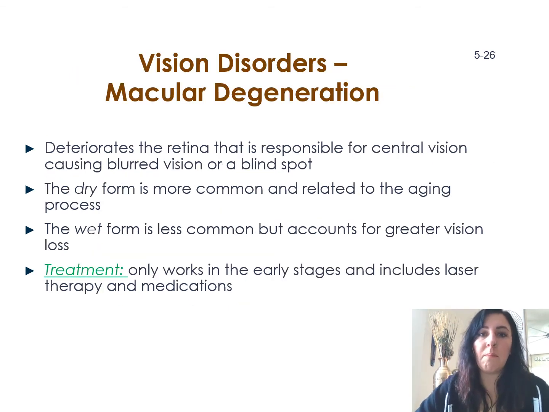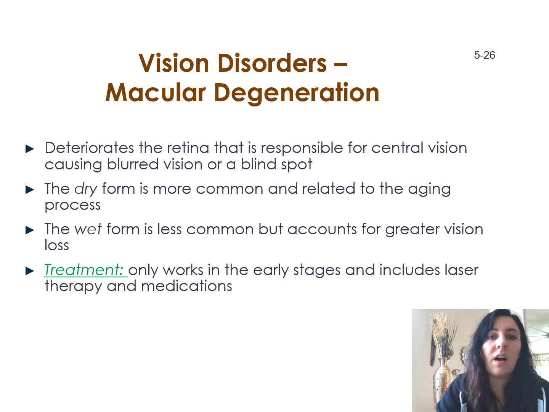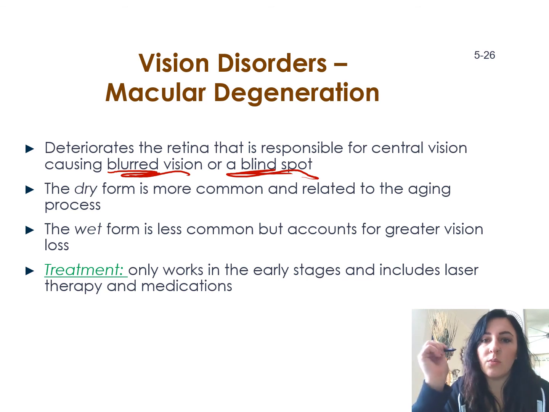Next we have macular degeneration. This deteriorates the retina that is responsible for central vision, causing blurred vision or blind spots. The dry form is more common and related to the aging process.